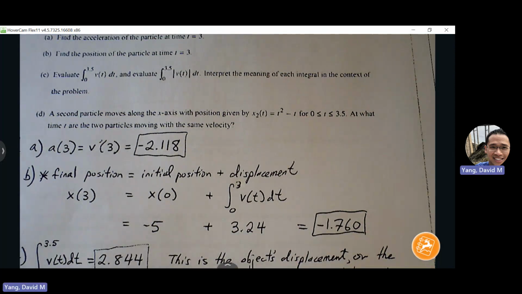Yeah, sorry. The answer is right, but my bound should be from 0 to 3, because I'm starting at time 0 and ending at time 3. So I need to figure out that distance in time from 0 to 3.